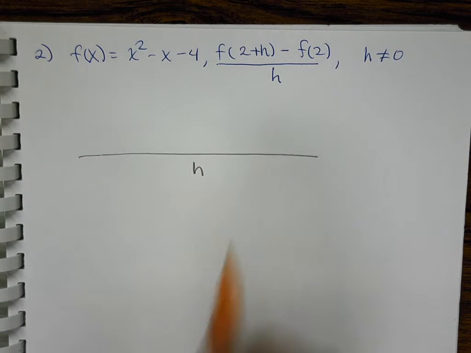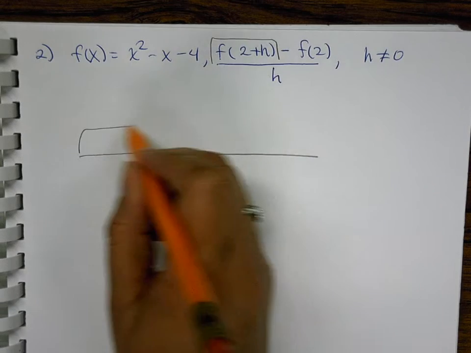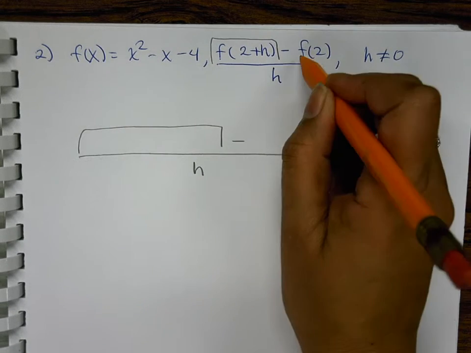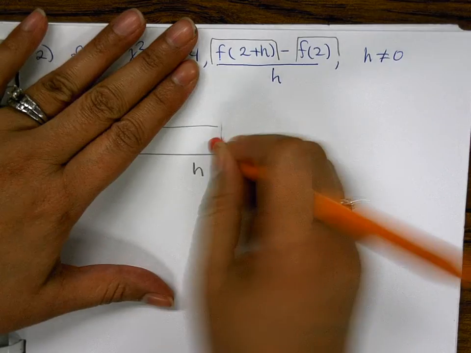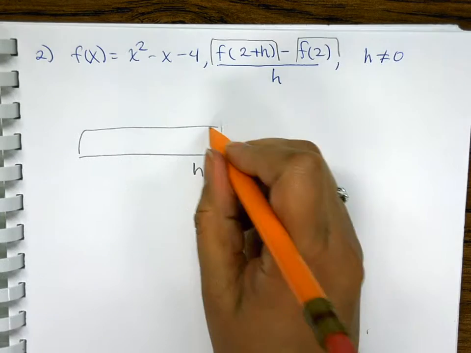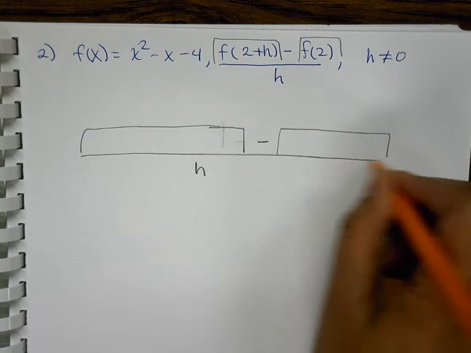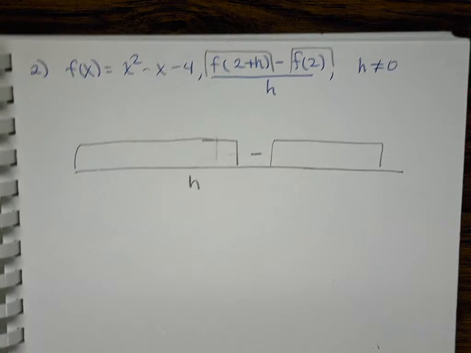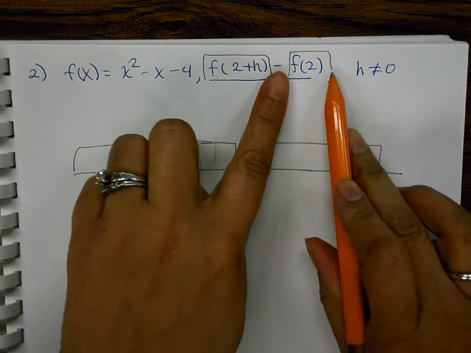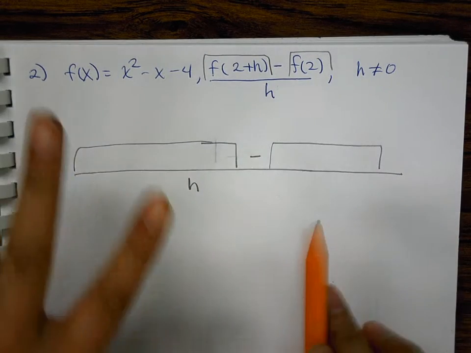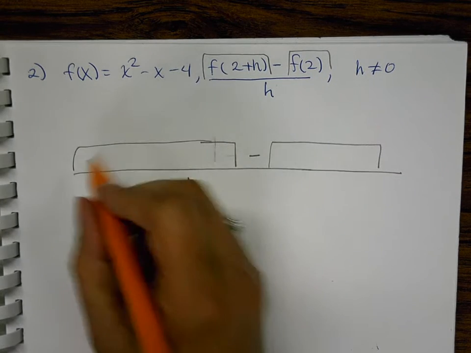Let's make my big fraction over h, and I'm going to put first box minus the second box. Make this just a smidge bit bigger. Okay. F of 2 plus h will go here. F of 2 will go here, and then we will clean it up.